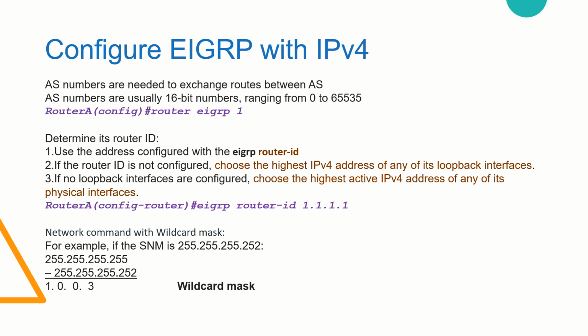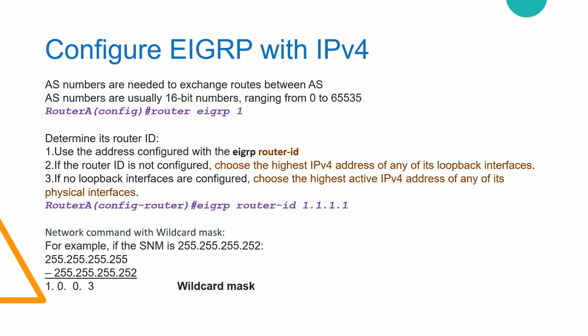All routers in the EIGRP routing domain must use the same AS number, as I said. And also the EIGRP router ID is used to uniquely identify each router in the EIGRP routing domain.